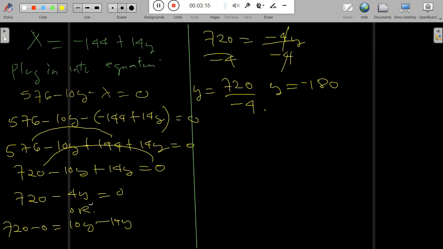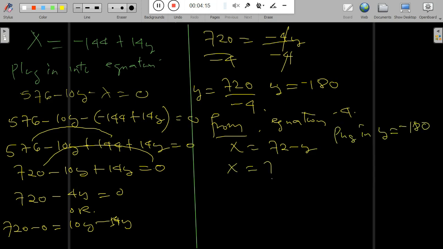So after obtaining the value of y, that is negative 180, from the given equation we plug the value of y into x. Taking the equation of x, which is equal to 72 minus y, we plug in the value of y, that is negative 180.